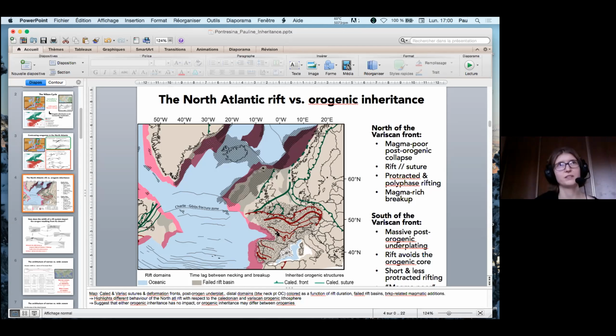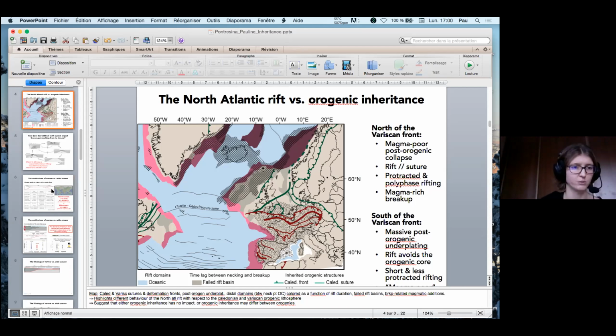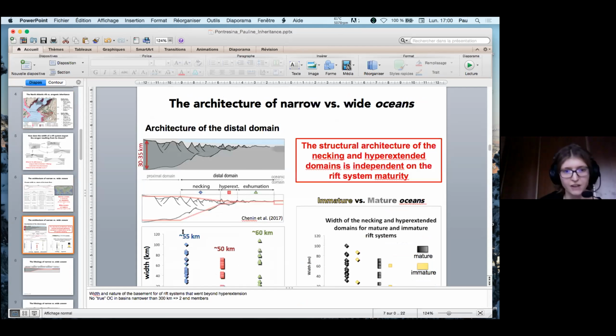Yes, if it was 1,000, but keep in mind that from the 1,000 kilometers, you have to subtract the margins on each side, which are, on average, 150 kilometers wide on each side. So 1,000 minus 300, you are left with only 700 kilometers of ocean.